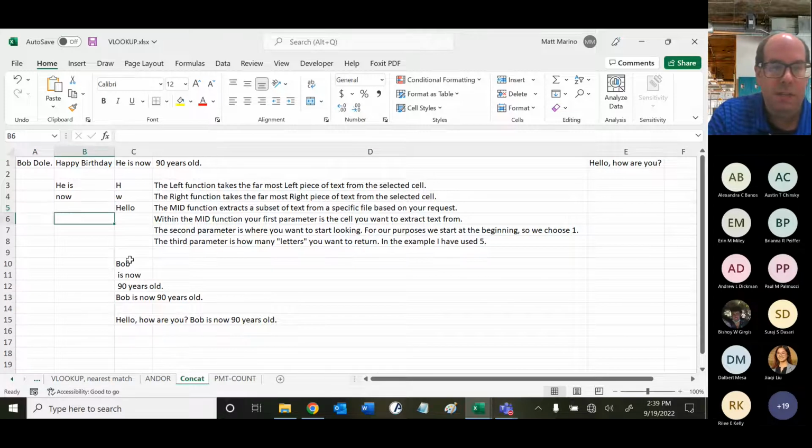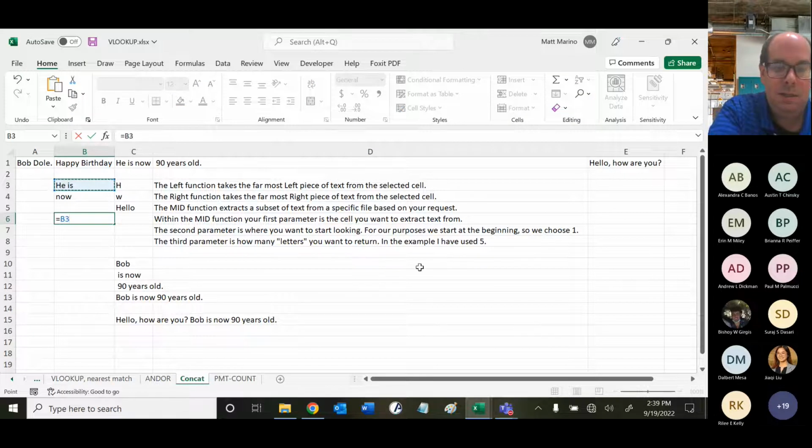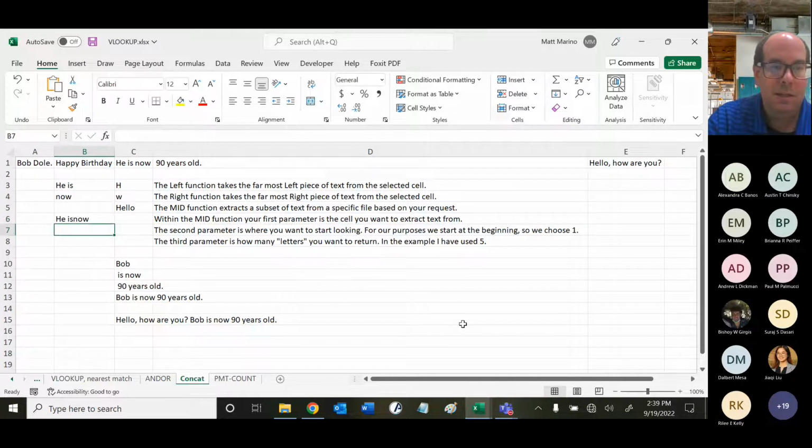Now, if I want to do concatenate, he is, now. You'll notice that looks a little screwy, right? There's no space in between he is and now. So then what would I change the now here to get the space?